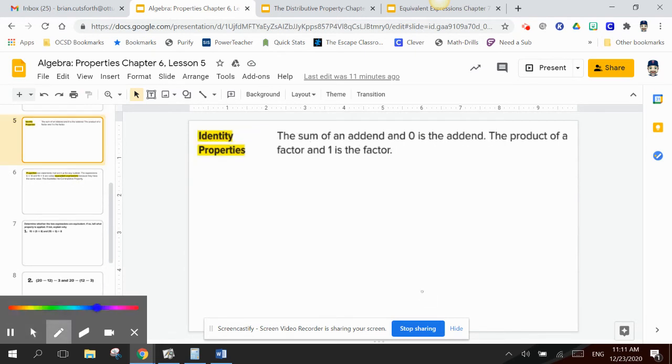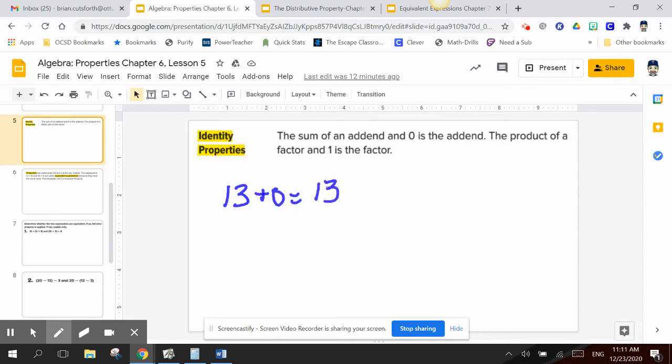The last of the properties is called the identity property. The sum of an addend and 0 is the addend, and the product of a factor and 1 is the factor. And this property simply means that when a number is added to 0, it is always that number. 13 plus 0 is 13. 9 plus 0 is 9.